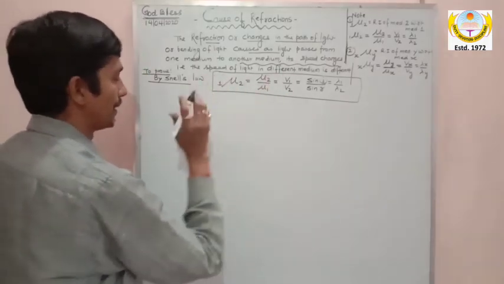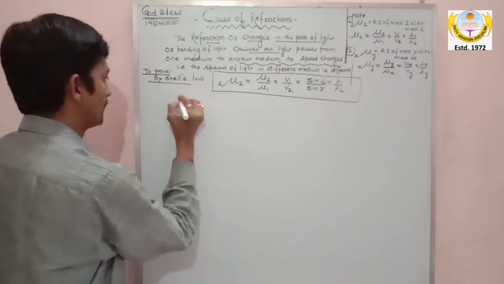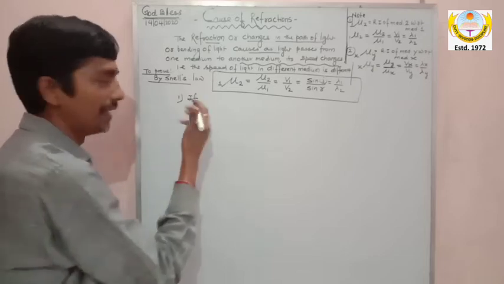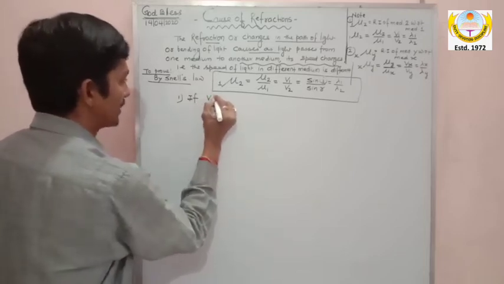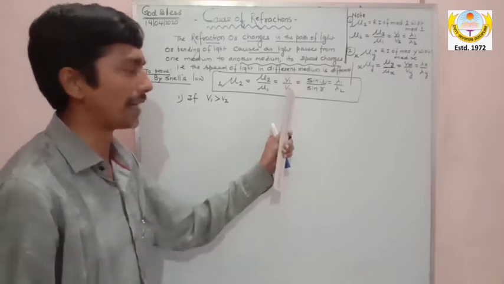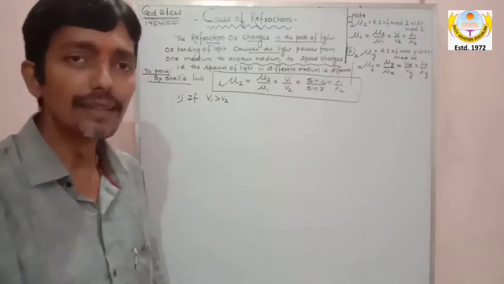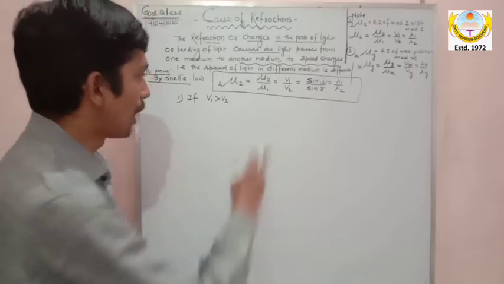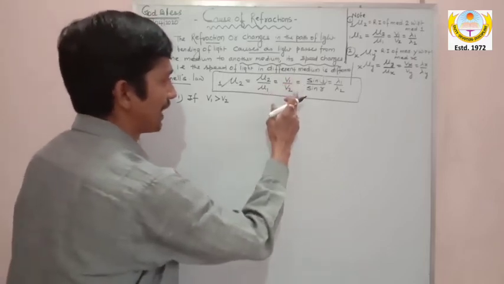Now what is happening? For example, that is my supposition, suppose V1 is greater than V2. So now what will happen if V1 is greater than V2?